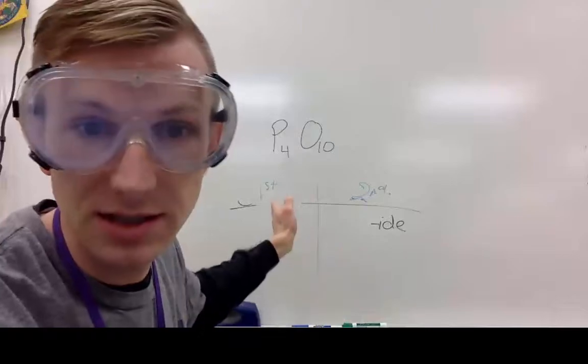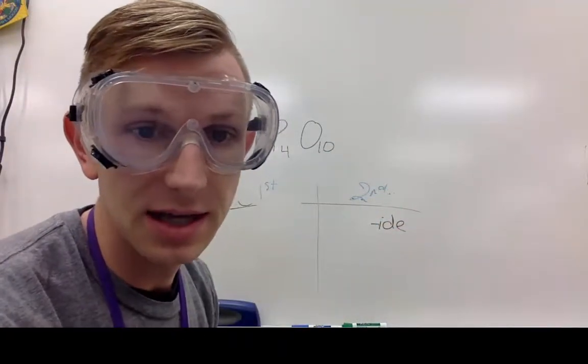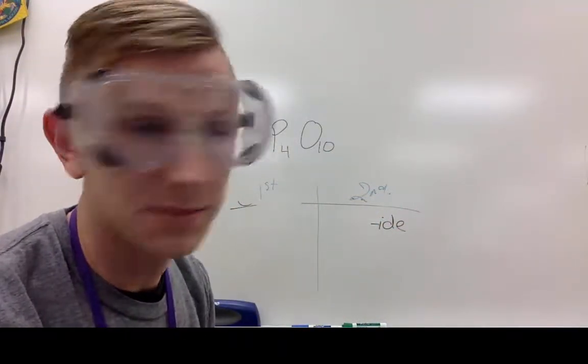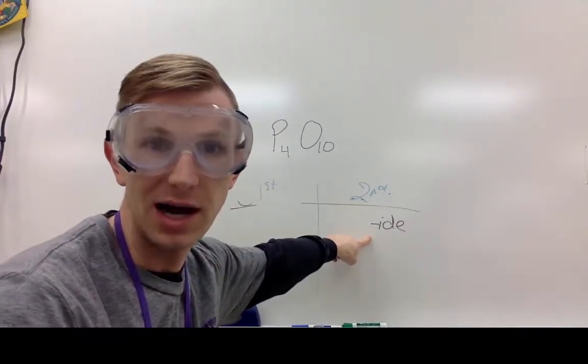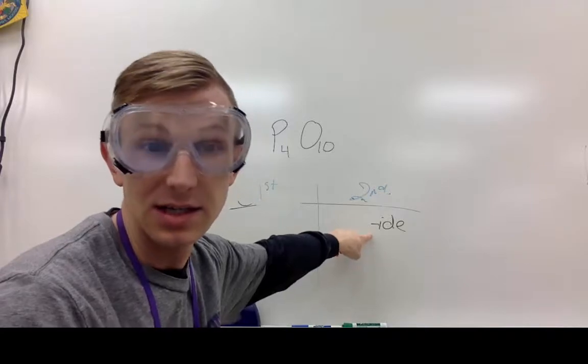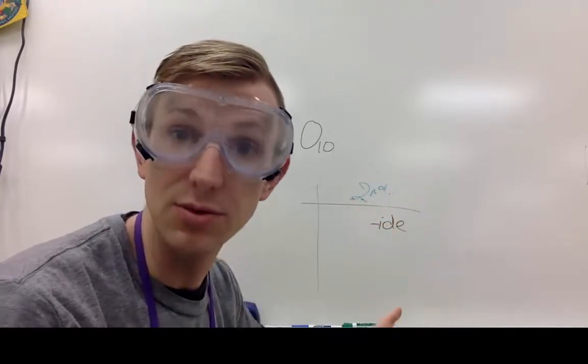And then you go to the next element. The next element is oxygen, but remember, since this is the second one, we need to drop the end part and we add ide, so it's going to be an oxide, except we still also need a prefix for this one.